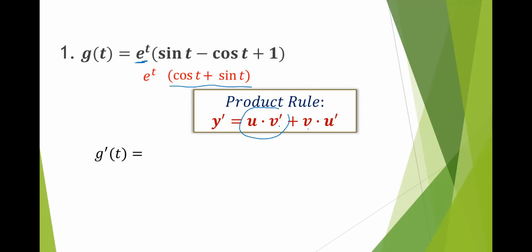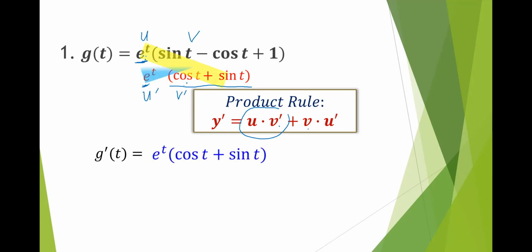These expressions in red are the derivatives of the first and second factor respectively. Assuming this is our u, this is our v, this is your u prime, this is your v prime. So, ang u v prime natin is this product.